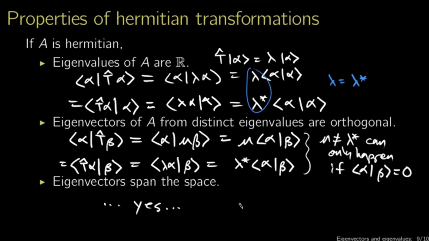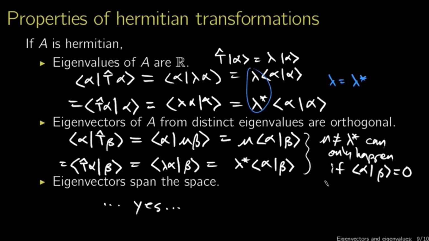Since if I have a space of dimension n, the matrix representation of my transformation, expressed in some basis, will have n eigenvalues, and I will get n distinct orthogonal vectors. And the only way you can have n orthogonal vectors in an n-dimensional space is if they span the space. So those are some of the nice properties of Hermitian operators.